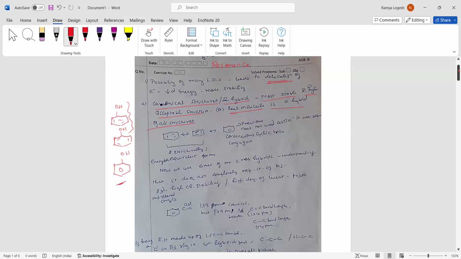Look at these two structures given here, 1 and 2. The position of double bonds is still alternate only. If I count the number, it's still going to be 1, 3, 5 or 2, 4, 6. It's going to be more or less similar. The energy taken by these molecules is the same. A continuous cyclic triene is still conjugated here. I just give you a cyclic ring inside it. A continuous cyclic triene is present, isn't it?